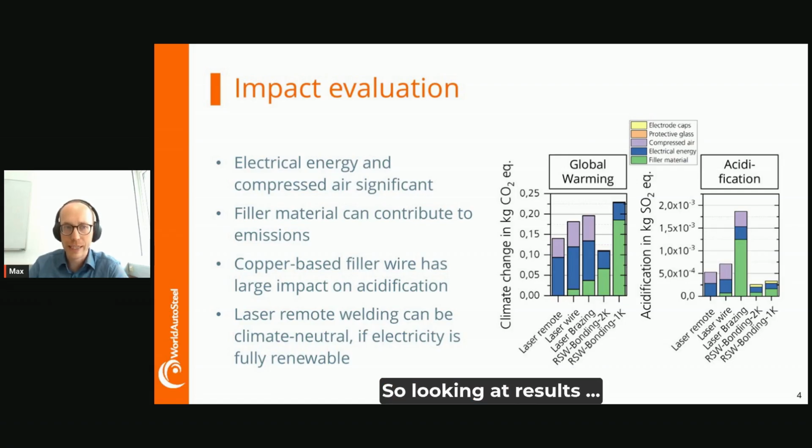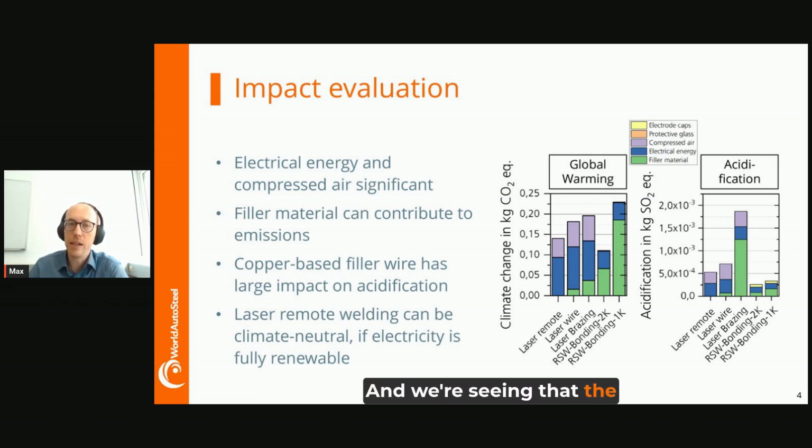So looking at results, the most important result is usually the global warming potential of a process. So that's the figure on the left. This is measured in CO2 equivalent. And here we're now comparing laser remote welding, laser wire with laser steel wire welding, laser brazing using a copper wire, and resistant spot welding bonding with 2-component and 1-component adhesive.